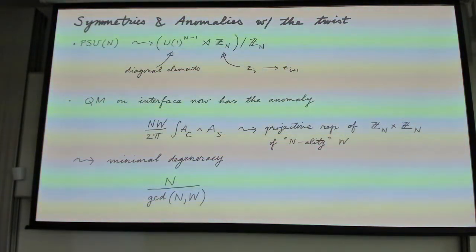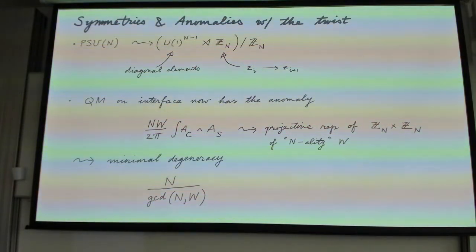What is the symmetry when you impose this twist? And so PSU(N) is actually broken to this subgroup. So you've got U(1)^(N-1). These are the diagonal elements. But you also have this product with Z_N, which is somewhat less obvious. But this is the symmetry which is shifting.